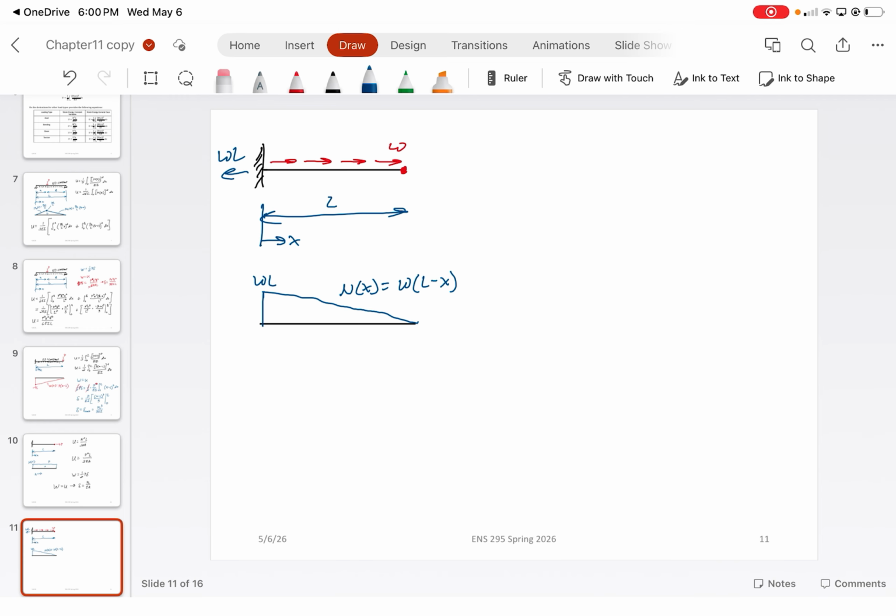All right. Now from here, we can calculate the strain energy, 1/2 times the integral from 0 to L of W times (L minus x) squared divided by E times A dx.